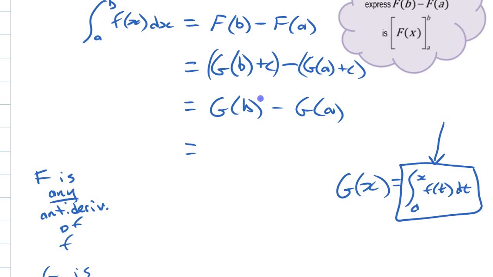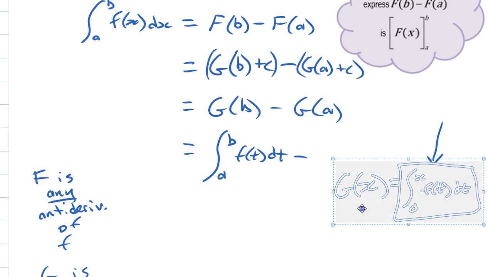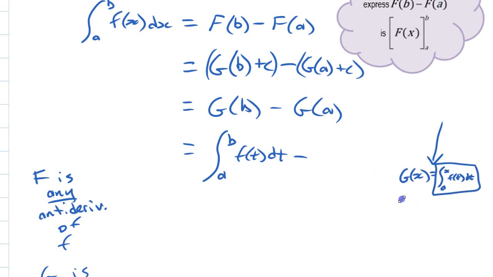So if we want g of b, we can just write the integral from a to b of this function. And for the second part, I need to make this smaller and get it out of the way. And for the second part, we can say integral from a to a, right? Put the value we're looking for. This says g of x is the integral from a to x, then g of a is the integral from a to a.